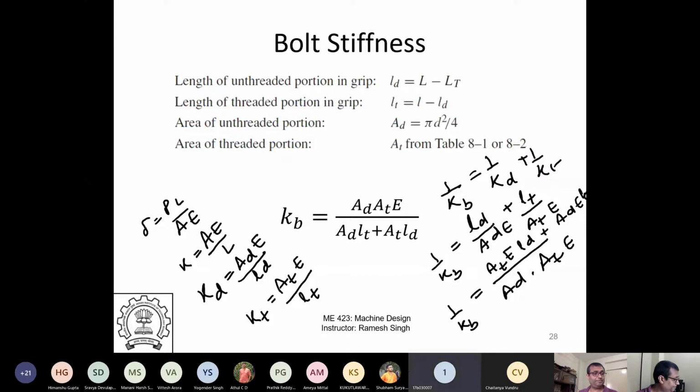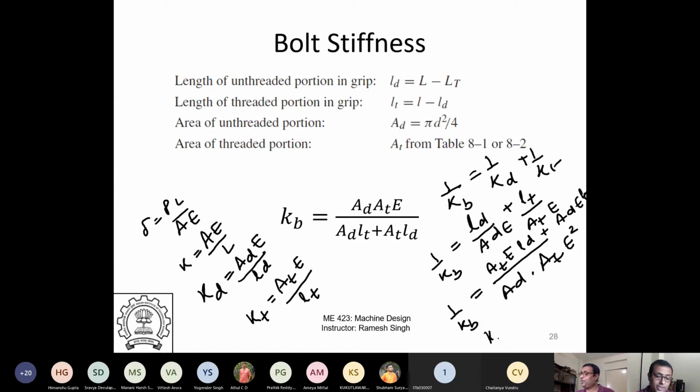In the numerator there wouldn't be an E. So there has to be an E square somewhere here, because you are putting this E, and LT E would put an E in the top, right?